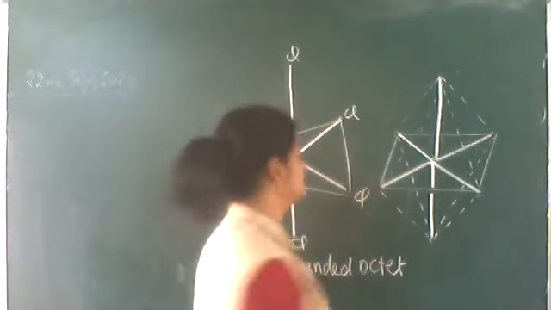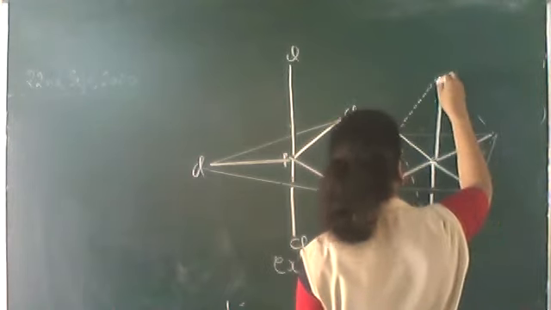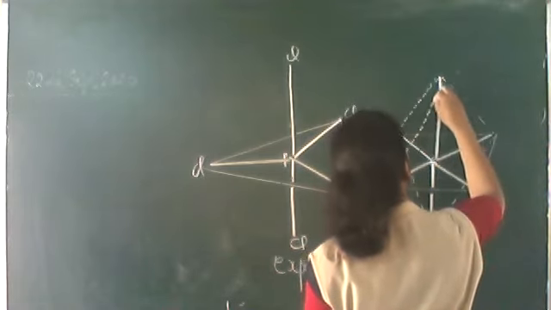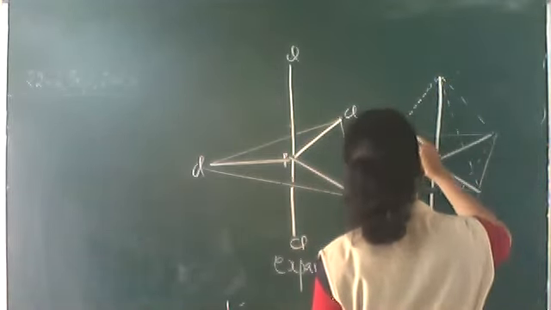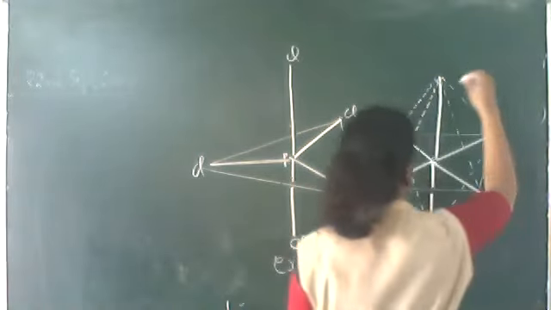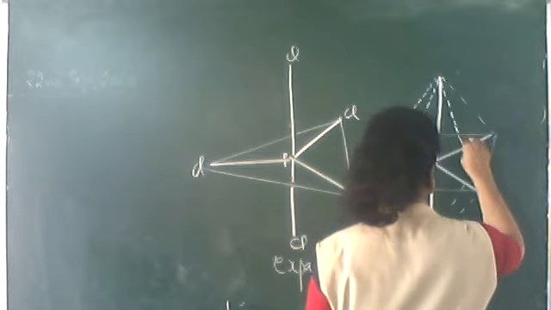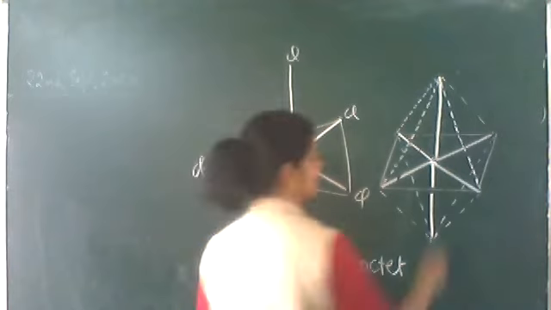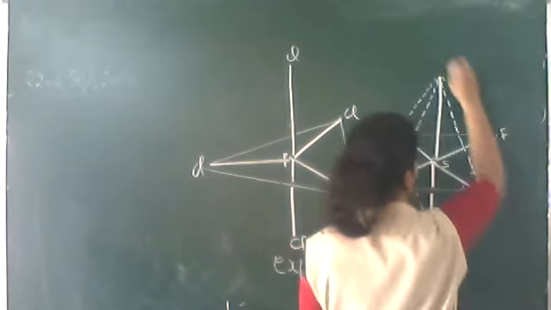Here, SF6: the central atom is sulfur, with six fluorines around it.